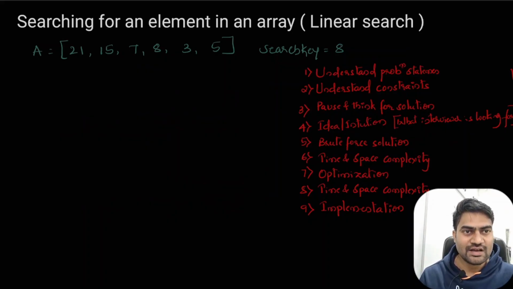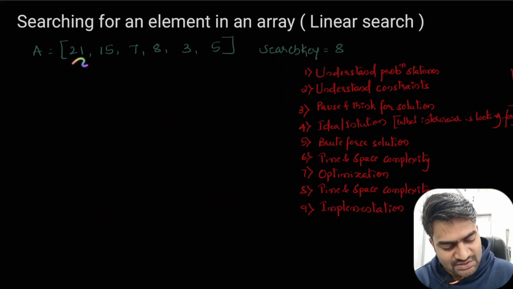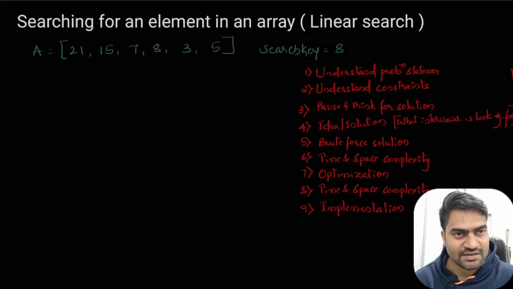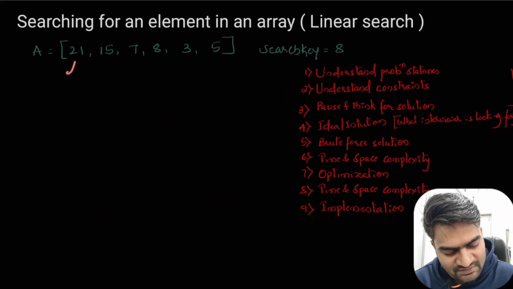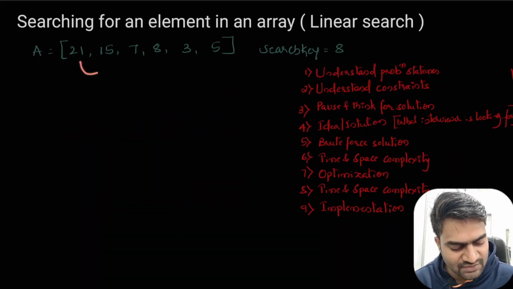Now, as I said, what we do normally is scan through the elements. We know our search key is 8, right? We will start with the first element. Is it 8? No, it is not 8. Then we will move to the next element. Is it 8? No, it is not. Then we move to the next element.